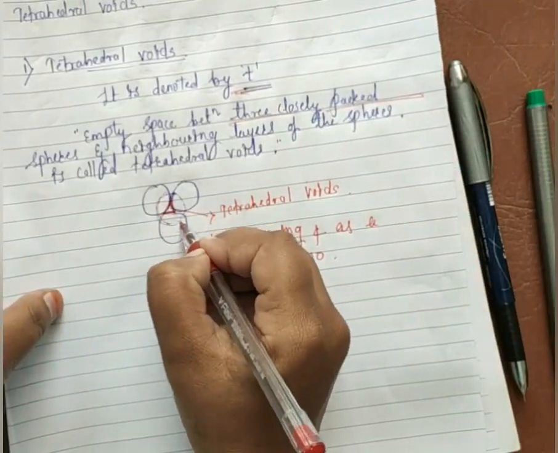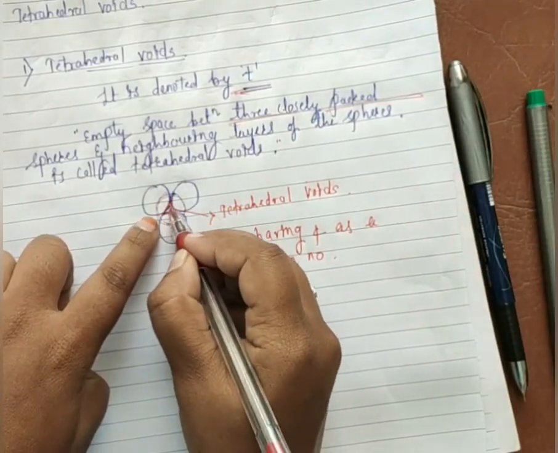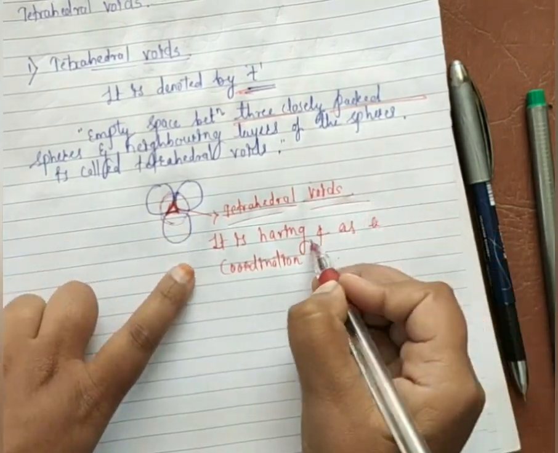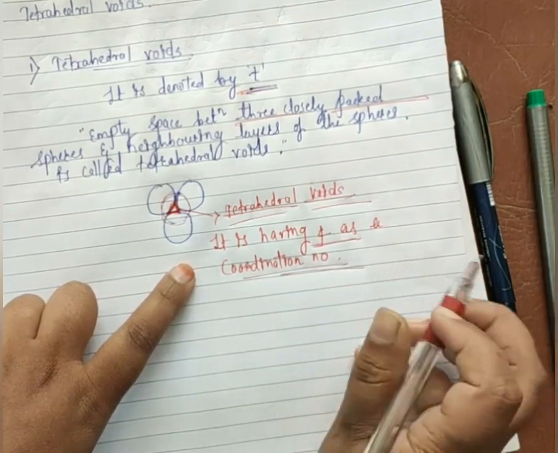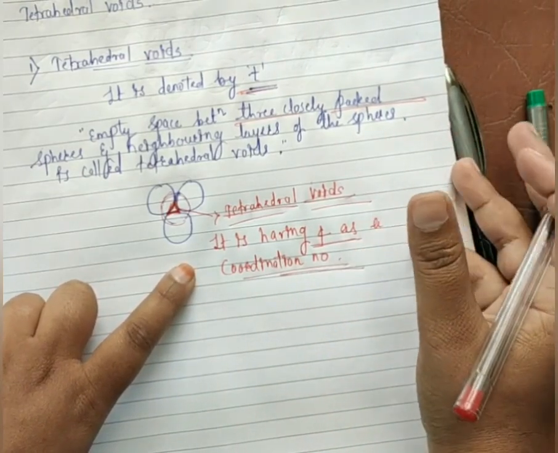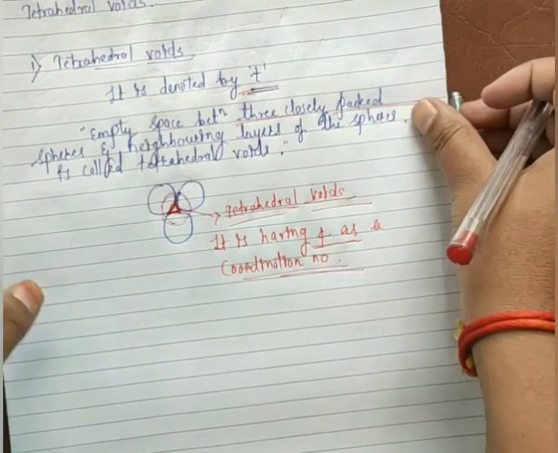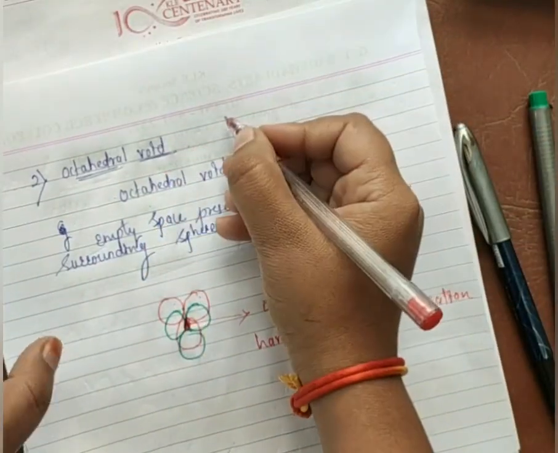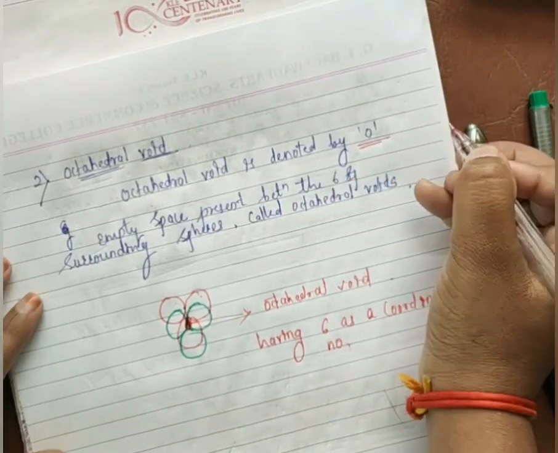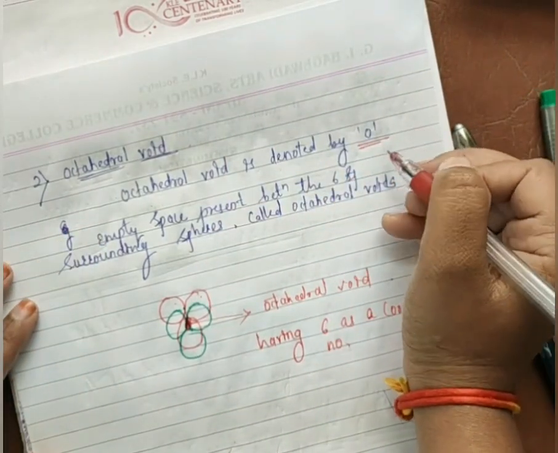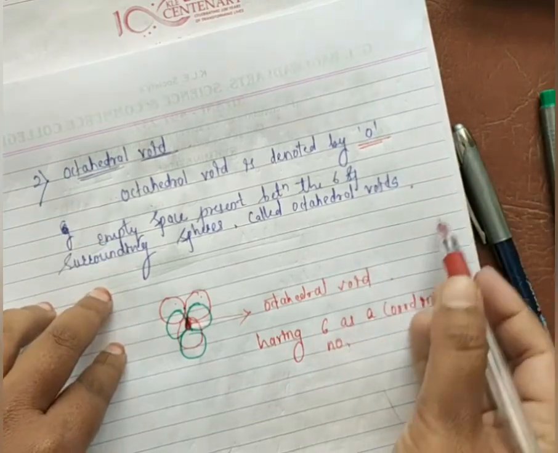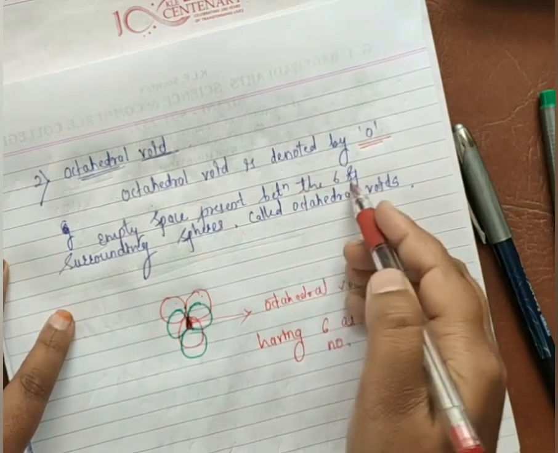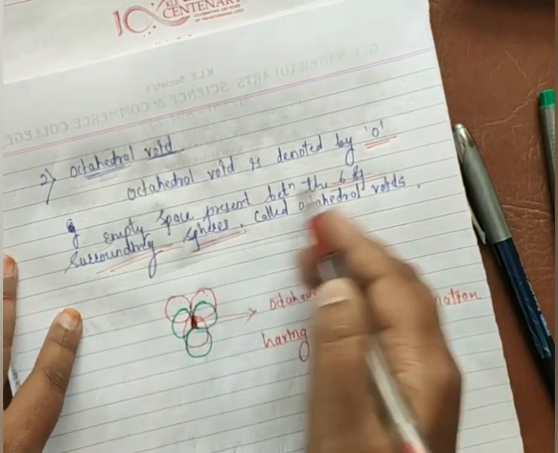It will look like this. Whatever empty space is present here is the tetrahedral void, and it has 4 as its coordination number. The second type is the octahedral void, denoted by O. Here the central void is surrounded by 6 neighboring atoms, or 6 neighboring spheres.